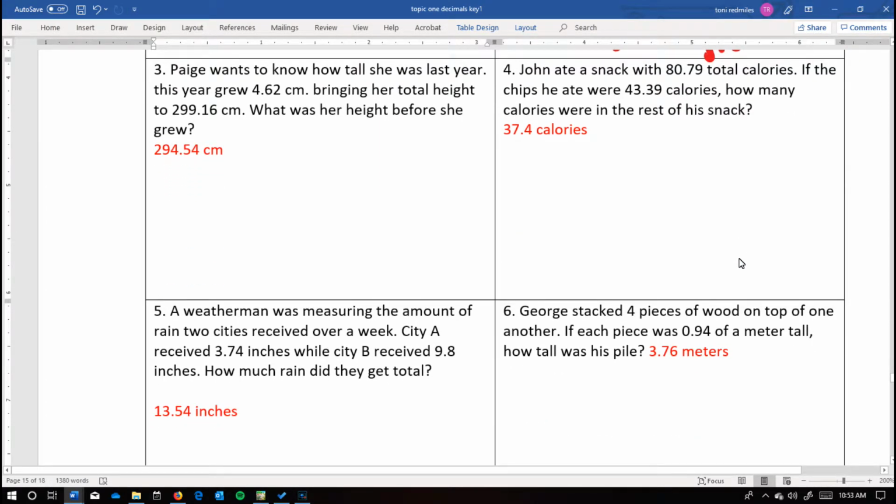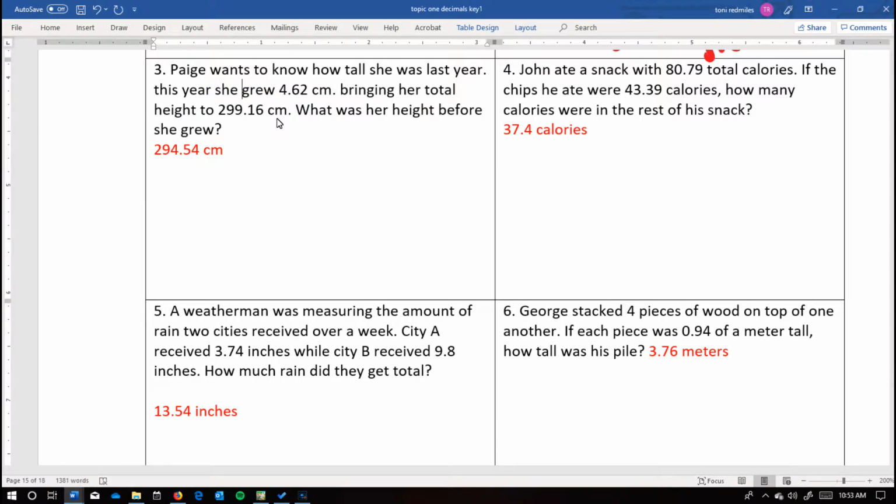Paige wants to know how tall she was last year. This year, she grew 4.62 centimeters, bringing her total height to 299.16 centimeters. What was her height before she grew?